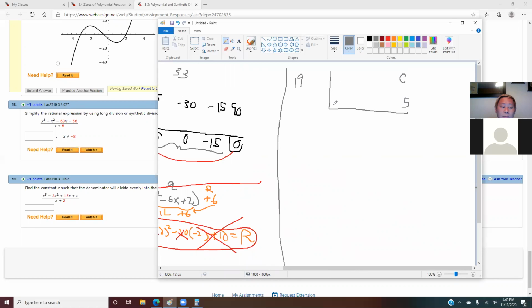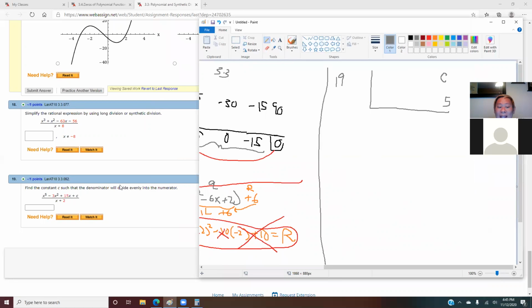And they already say that when you do this, it divides evenly. So when they say divide evenly, your remainder has to be what? 0. So when it divides evenly, your remainder is 0.